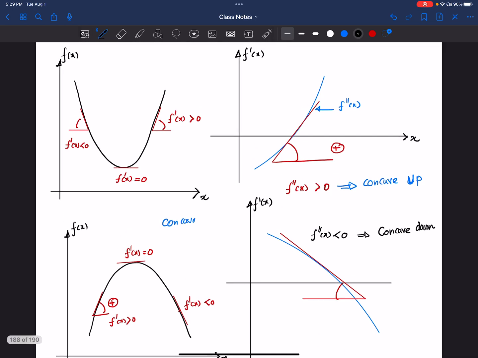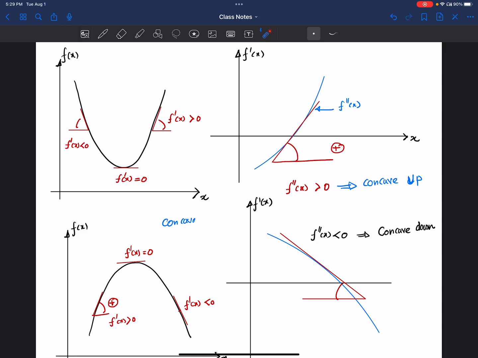If it is concave up, you have a minimum, where f double prime of x is greater than 0. But when f double prime of x is 0, it is inconclusive.